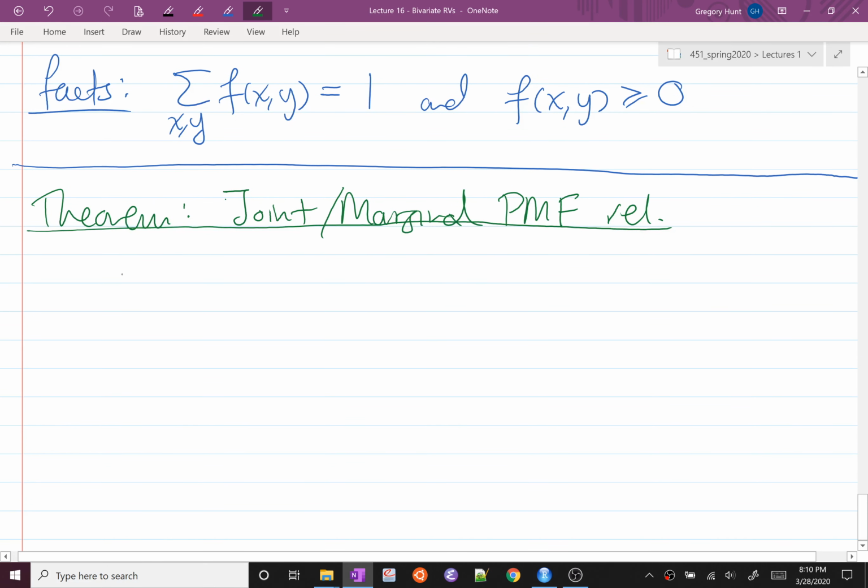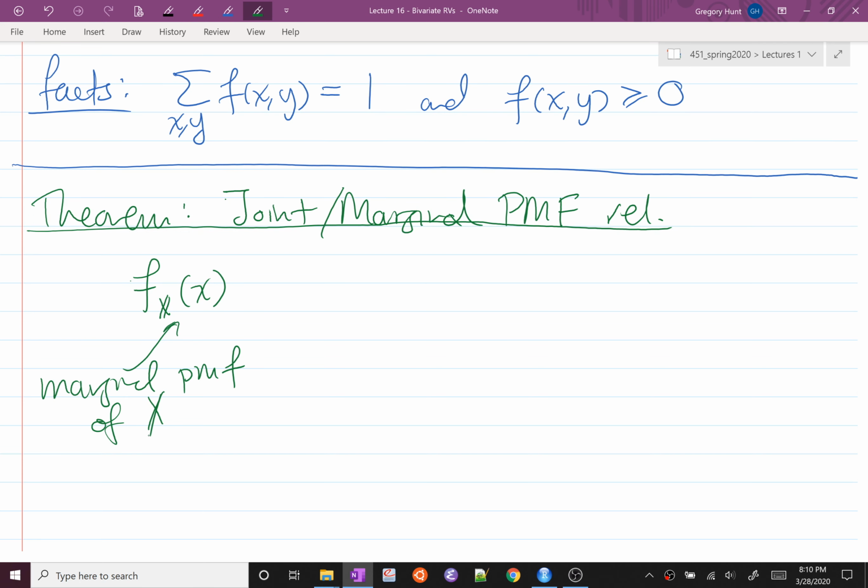And the theorem says that, and we're going to write f_X, the marginal PMF of X. So if we just treat X by itself, forget about Y, it'd be a univariate discrete random variable and have a PMF.